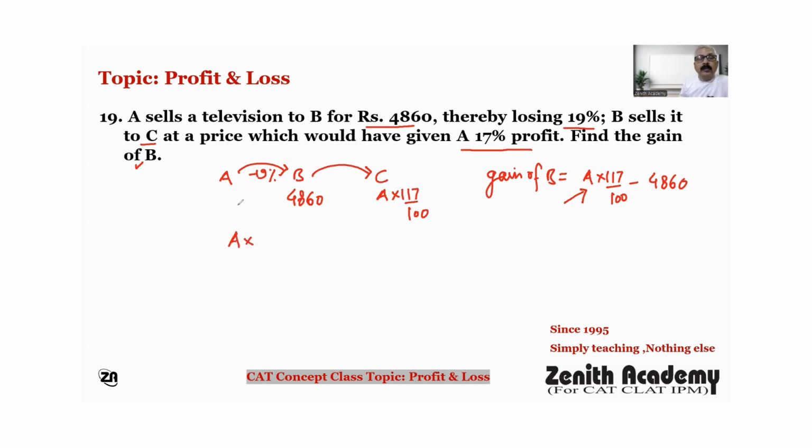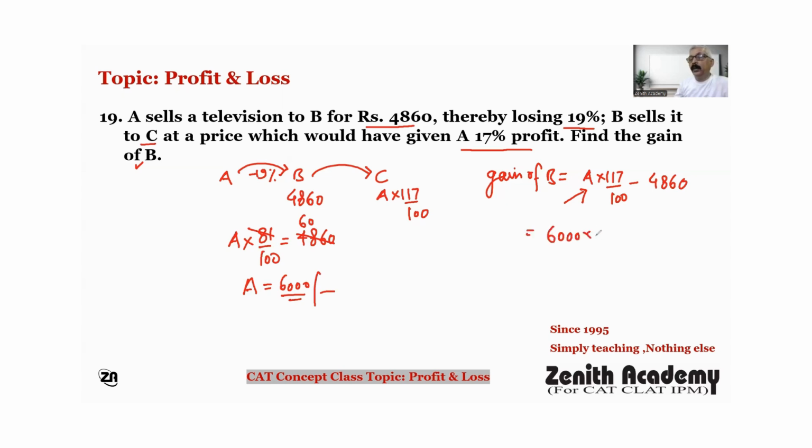Means the cost of A is A, then 100 minus 19, 81% is equal to 4860. So solve it. It is 6 1 ja 6. Okay. So this is 6,000 rupees.